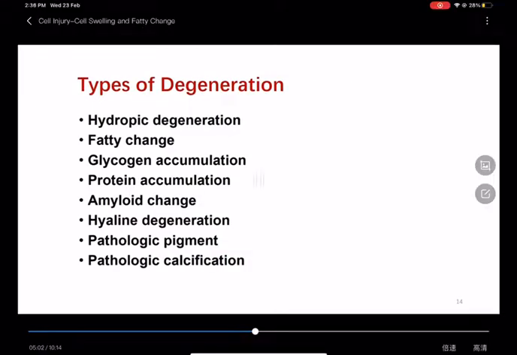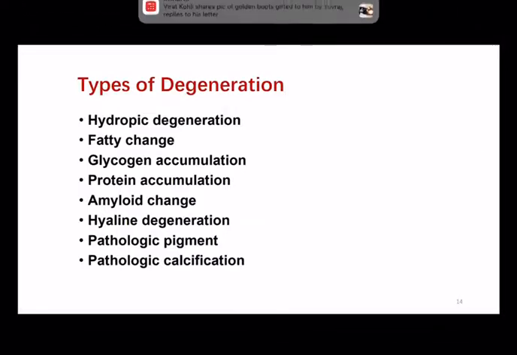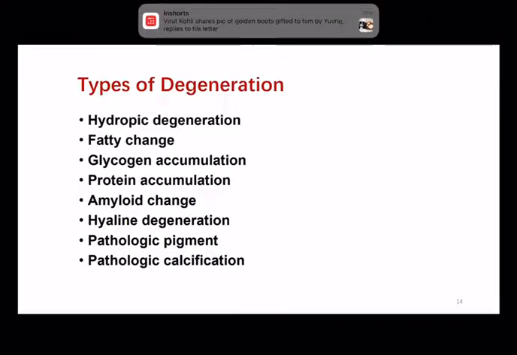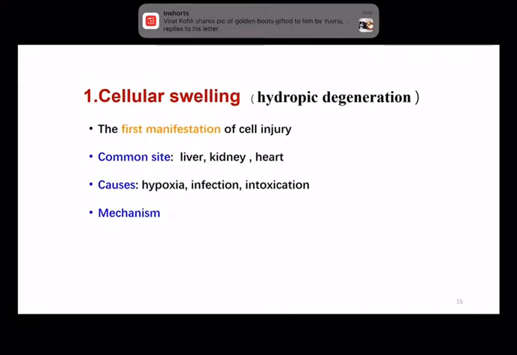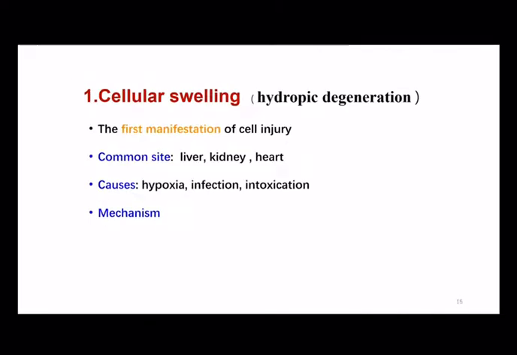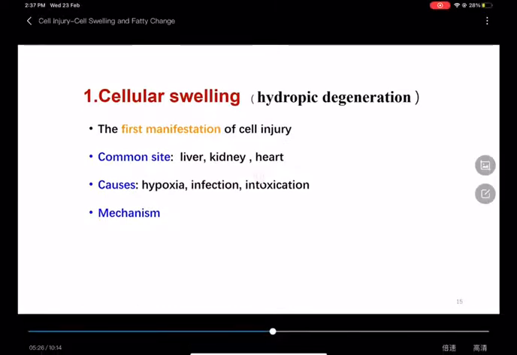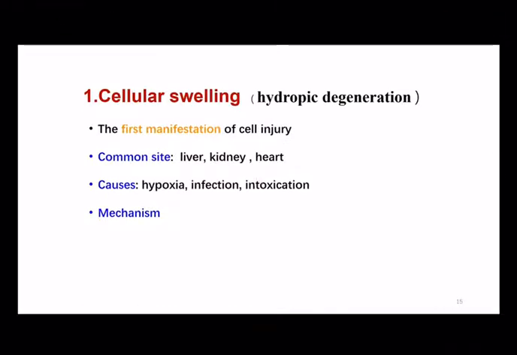There are 9 types of degenerations. We will talk about them in detail. The first type, cellular swelling, also called hydropic degeneration. It is the first manifestation of nearly all forms of injury to cells. The common sites are liver, kidney, and heart.